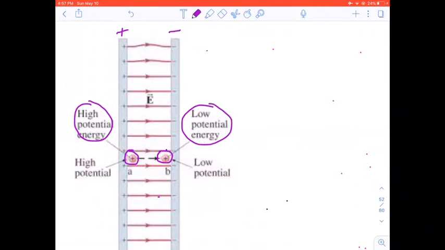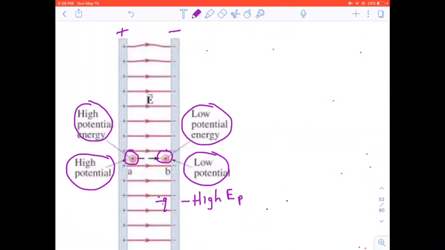And by definition, when the positive charge is near the positive plate, we say it has a high potential or a high electrical potential. And when the positive charge is near the negative plate, we say it has a low electrical potential. Now, it's the same thing again. When you have a negative charge near a negative plate, here it's going to have a high potential energy, right?